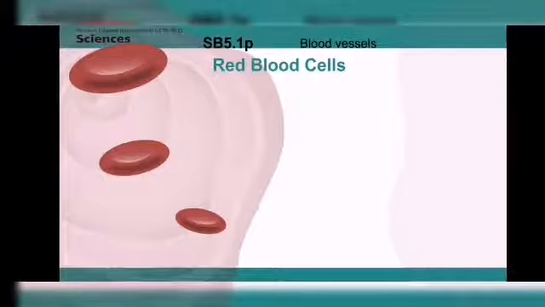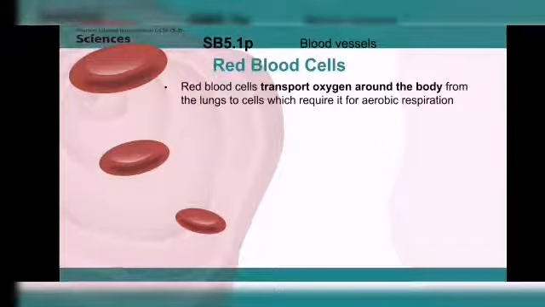What about red blood cells? Red blood cells transport oxygen around the body, from the lungs to cells which require it for aerobic respiration.